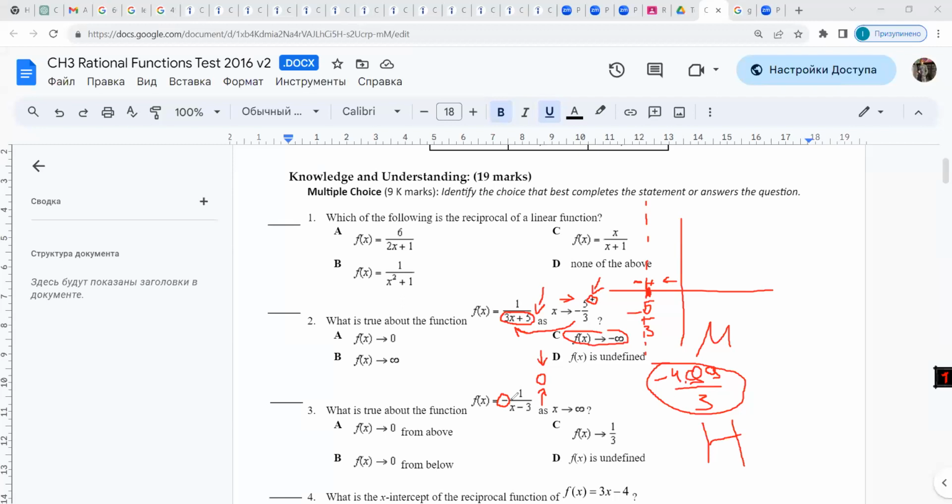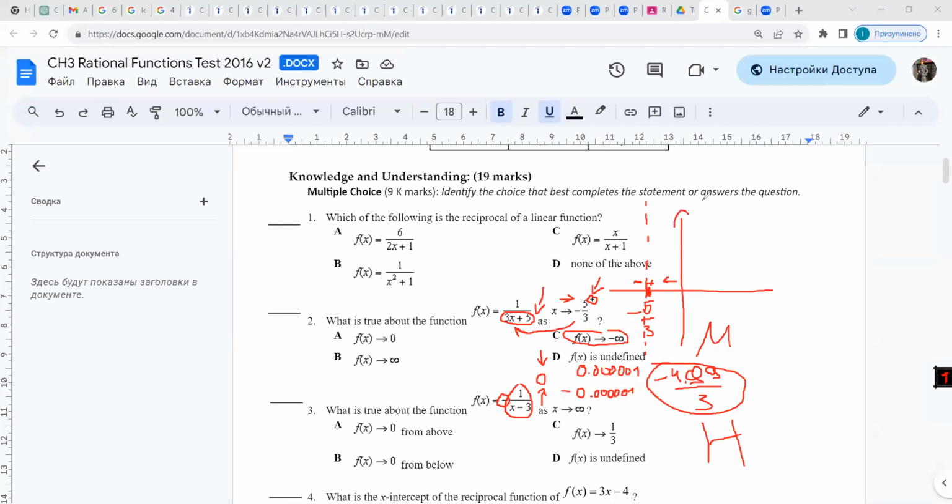If there is no minus in front of it, it means we're approaching 0 from the top, because the result of 1 divided by an incredibly big positive number would be something like 0.000001 for instance. But if you have a minus in front of it, you're going to get negative 0.000001 for instance, which means we approach 0 from below.